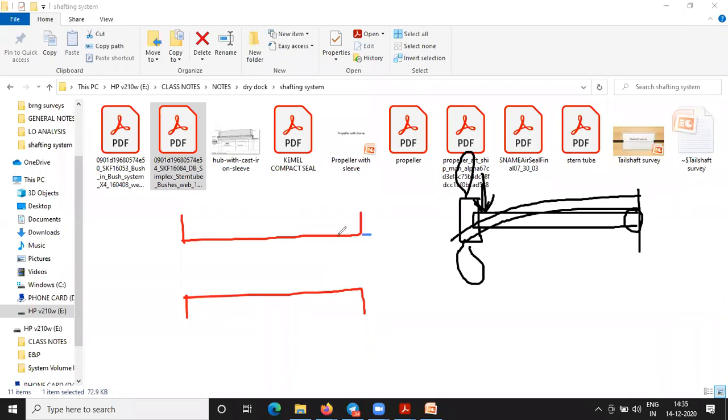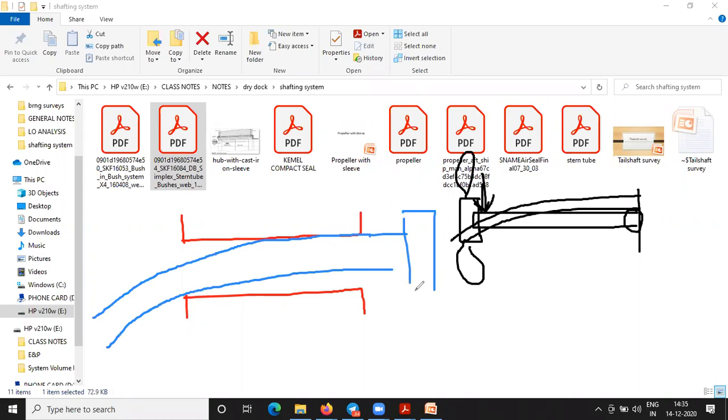It will be like this. I have drawn it with a little more curve so that you will understand. This will be the propeller. This will be the nature, right? Yes. Okay.